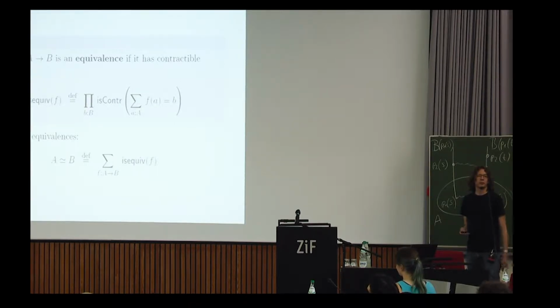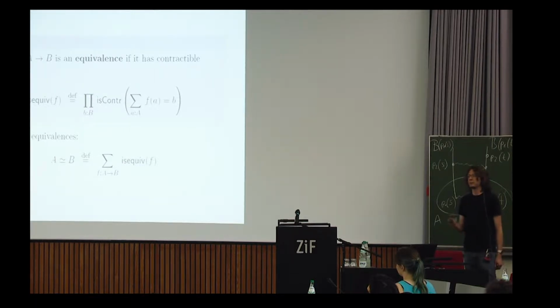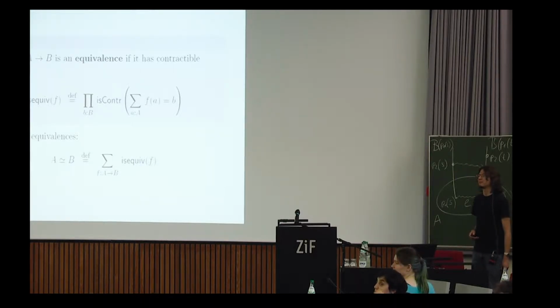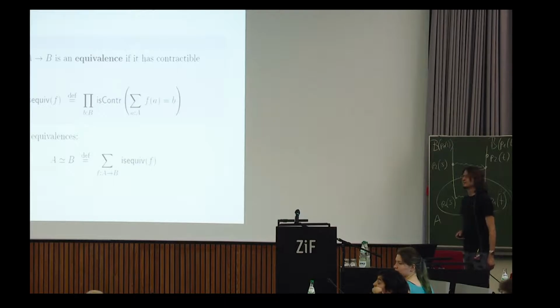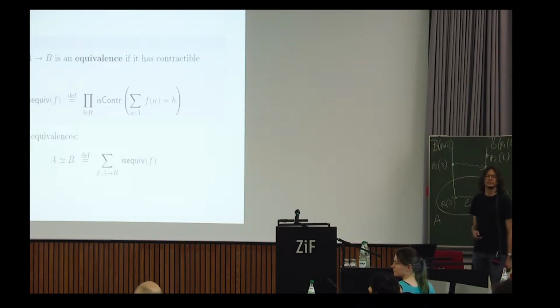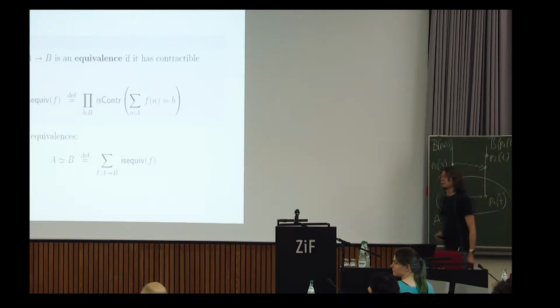It's not a well-behaved notion, and that comes from the fact that types do not form a category. I don't know whether that illuminates anything, but for sets, equivalence is isomorphism. So in the case of sets, equivalence is exactly isomorphism. For other things, it's not the case.